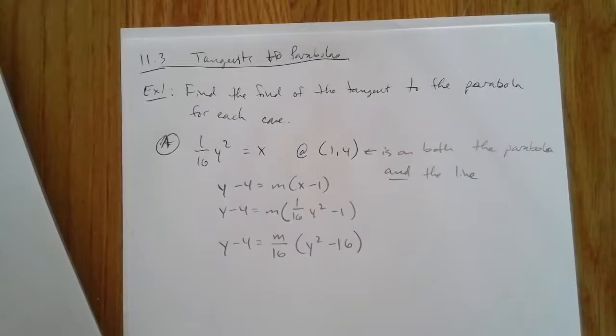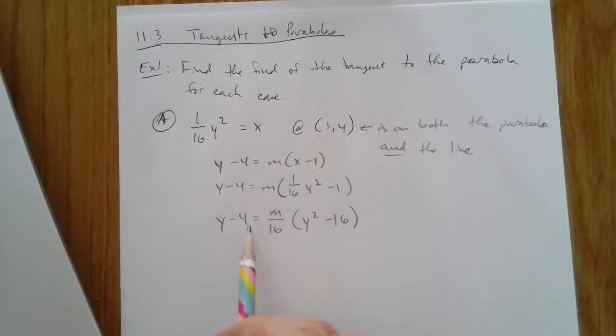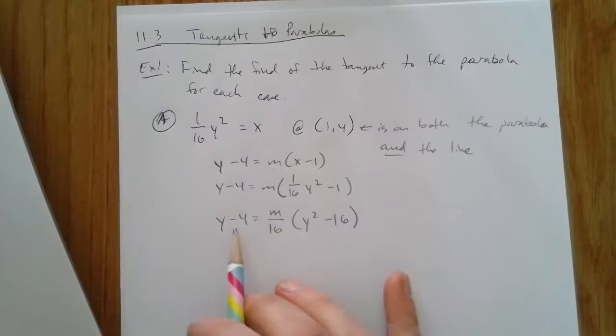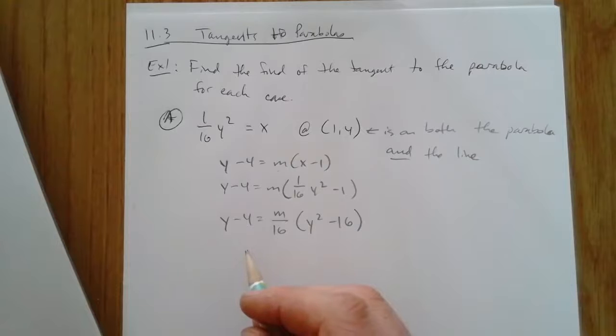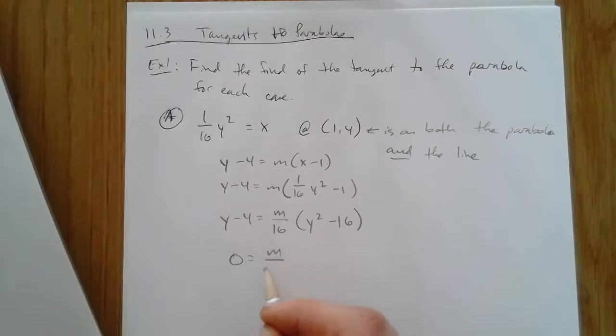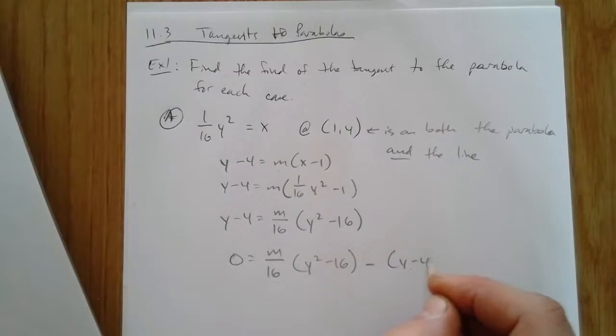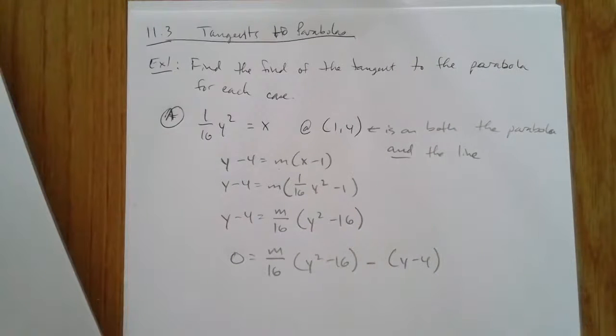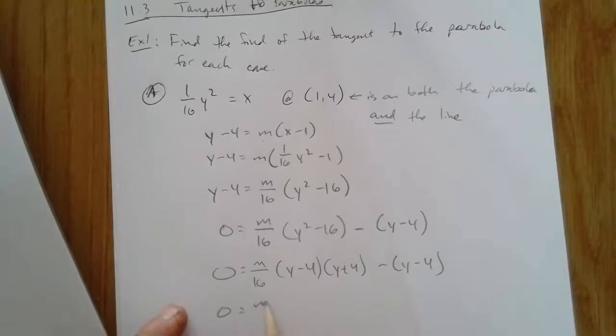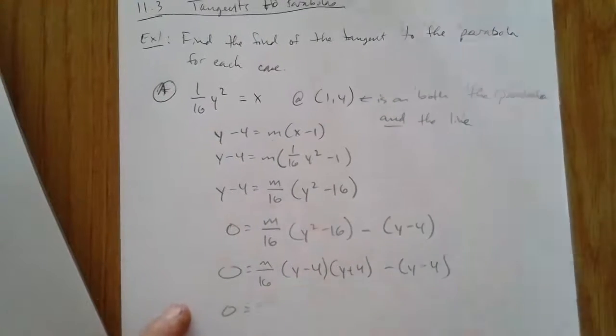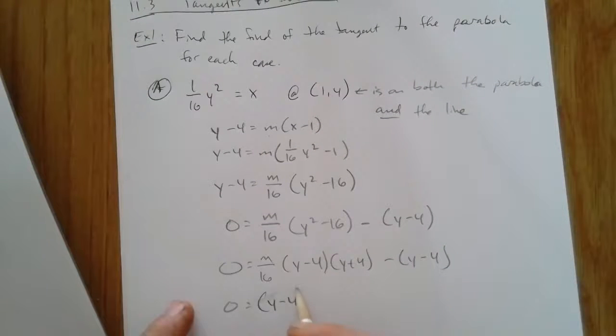What happens, and it happens in so many of these, is that if we move this around and set it equal to 0, this right here will factor and give us the group y minus 4. So I can factor out y minus 4 from both groups.